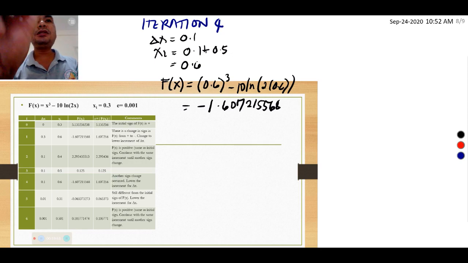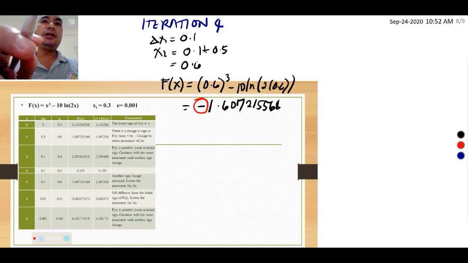Again, you will notice that there is a change in sign. From positive, it again becomes negative, by which it indicates that there is again a root between our xi value and the next iteration.